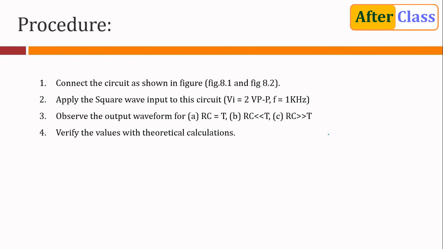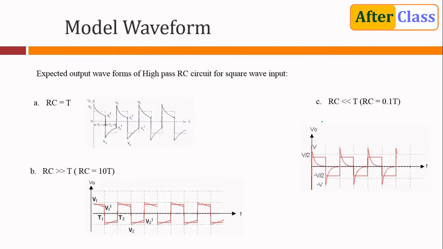Here I have mentioned the input signal: a 2 volts peak to peak square wave with a frequency of 1 kilohertz. By setting RC equals 10 times T or RC equals T by 10, all three conditions are satisfied, and we have to verify the output values with the theoretical calculations.